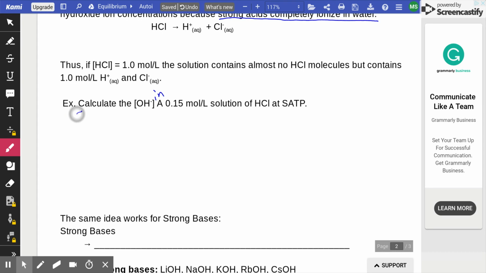To do this, we know that our hydrogen ion concentration is going to equal our hydrochloric acid concentration, which has told us that it's 0.15 mole per liter. We know that Kw is going to be the hydrogen ion times the hydroxide ion.